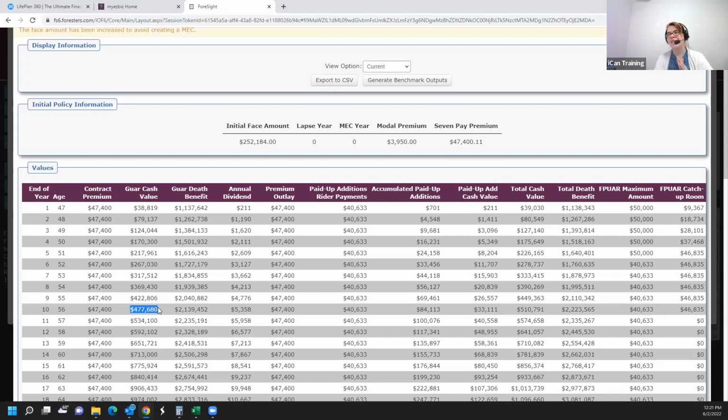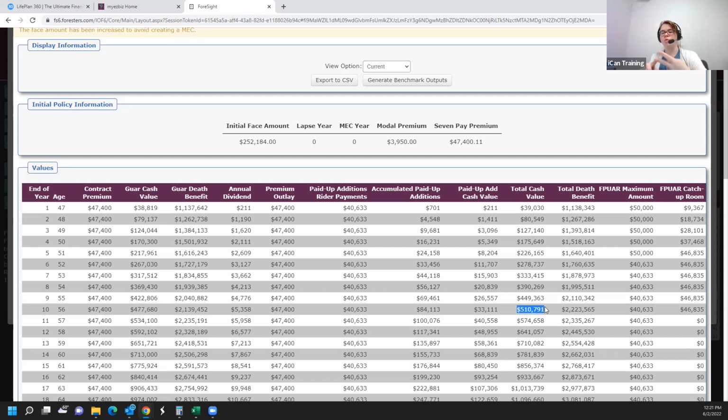When I say guaranteed cash value, what does that mean? That means that it does not include any dividends, meaning that that is the absolute bare minimum that they are going to get. If we come over here at the total cash value, the likelihood that they're not going to end up with that total cash value is incredibly slim, because a company like Foresters has paid dividends every year for over 100 years.